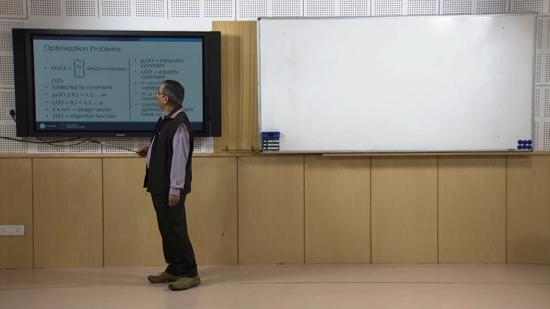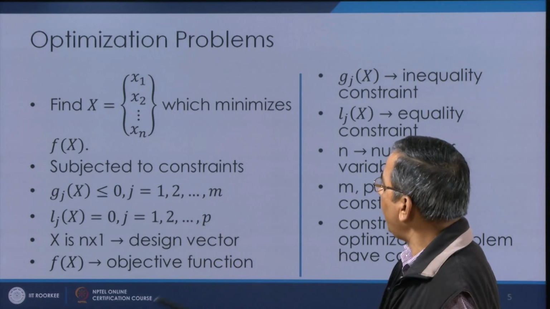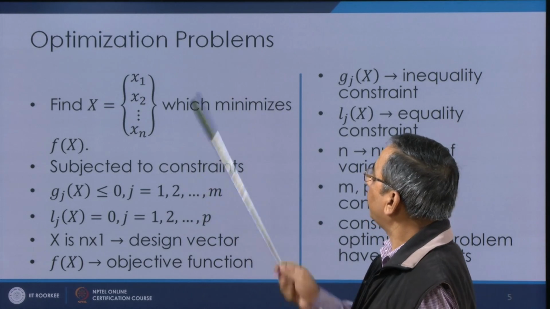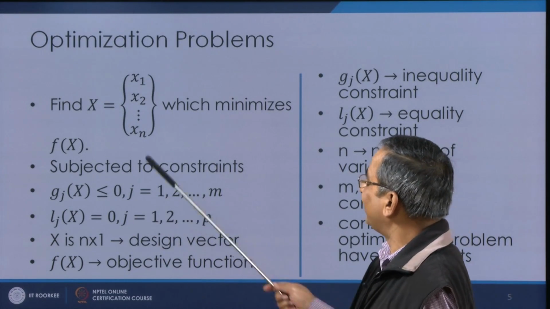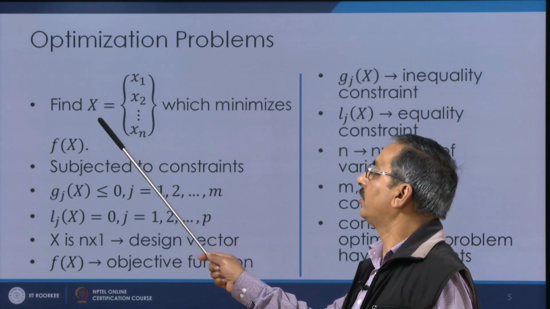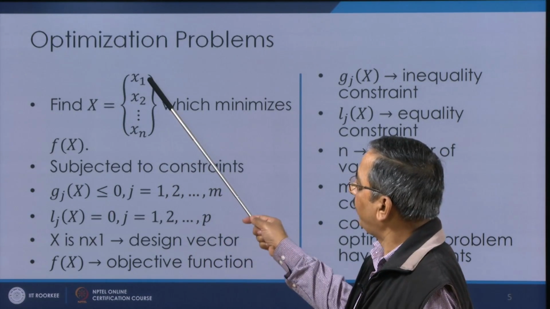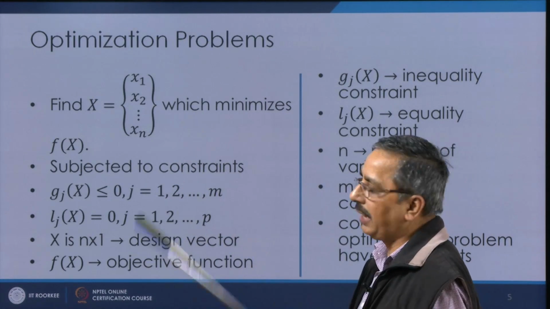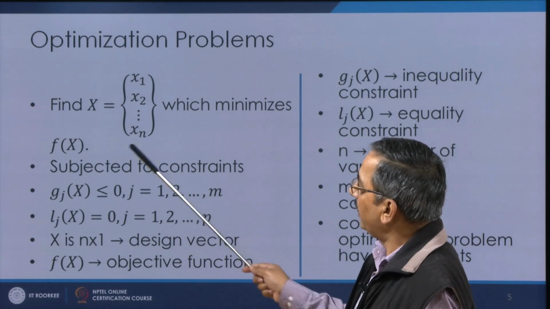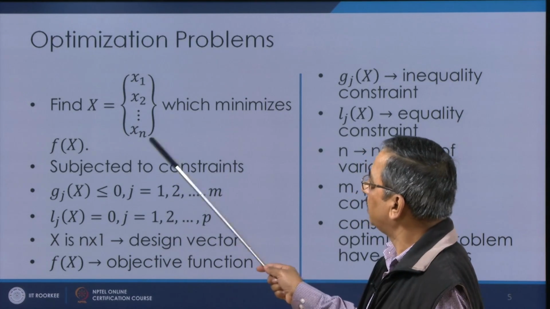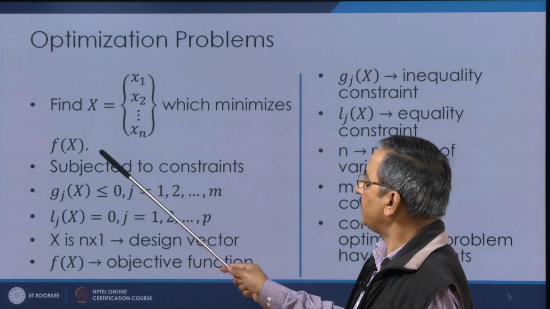Mathematically, the optimization problem could be stated as finding a vector x, whose components could be x1, x2 till xn, such that these values of x minimize f(x).